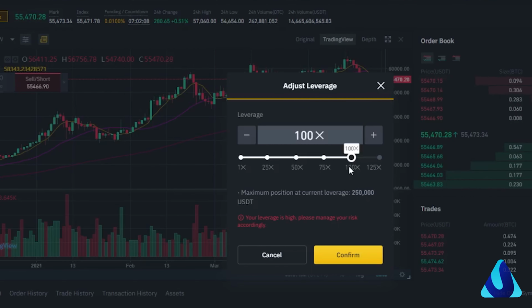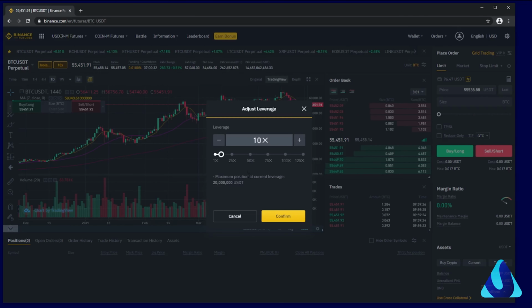For instance, if I'm on $100 and I'm on 10x leverage, that means I'm trading with $1,000.